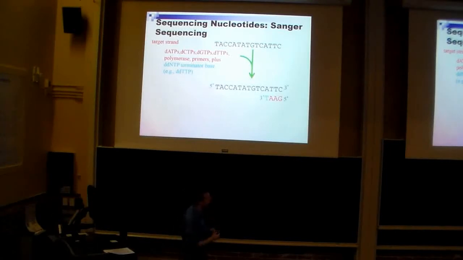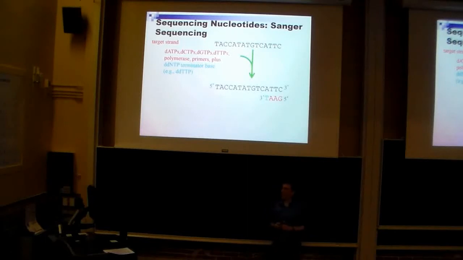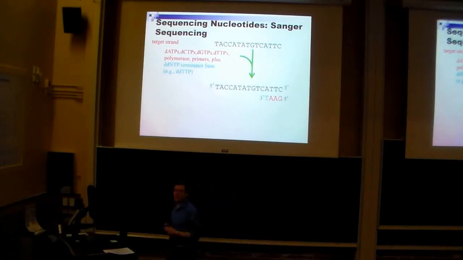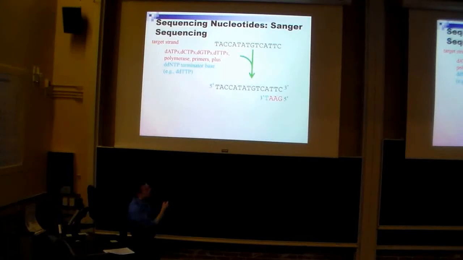And the most popular method, the dominant method for most of the history of molecular biology, was a technique called Sanger sequencing. Sanger sequencing basically took this process of DNA replication and just threw in one extra piece, what we would refer to as a terminator base or a dideoxynucleotide triphosphate.